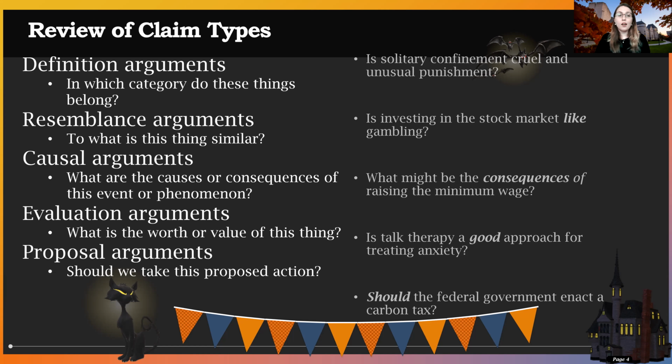Proposal claims are not the best ones to use for the Unit 3 essay. You do not want to propose a should argument to a resistant audience. It is somewhat boxing your resistant audience in.